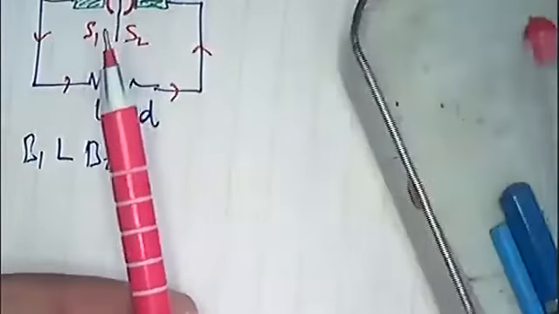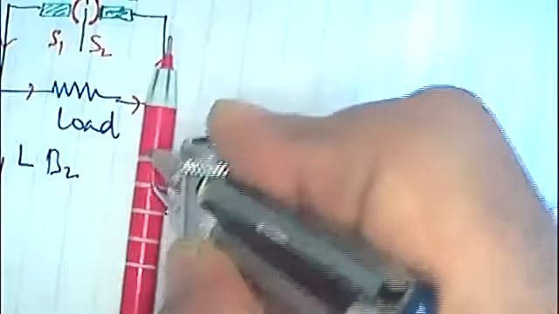If I use these two rings, this will be called slip rings, AC generator, these two rings. But what is a split ring? Now you make a cut in this ring here, like this.